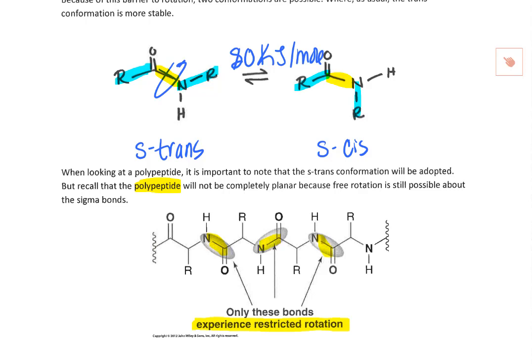And having these bonds have restricted rotation is going to result in the R groups being kind of on opposite sides here, right? So that we have that S-trans in general, and that we're going to see that this helps give rise to some of the things like the backbone of those beta pleated sheets.